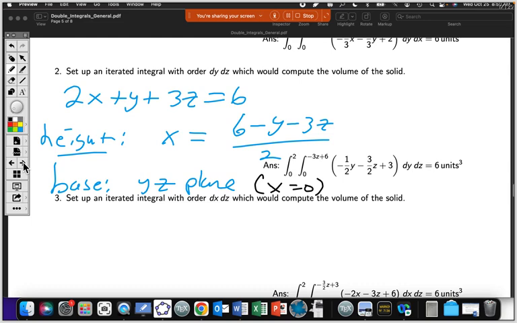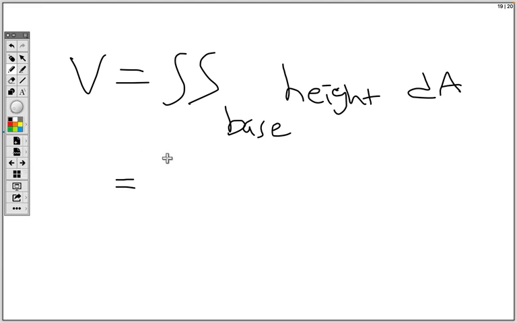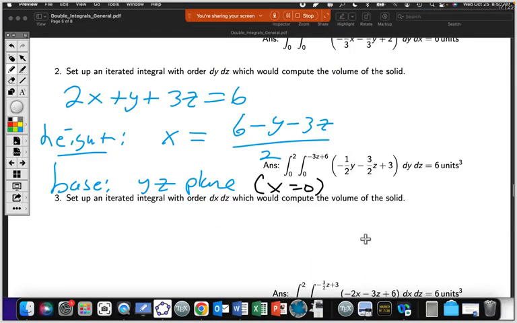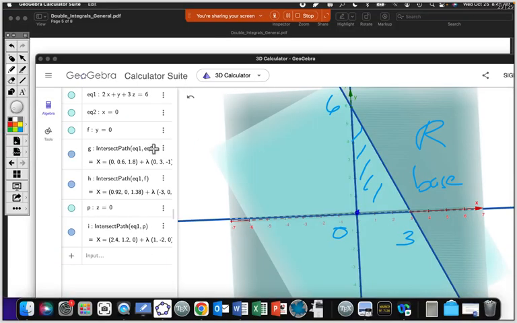They want dy dz for the dA. So the height, we know, is 6 minus y minus 3z over 2.